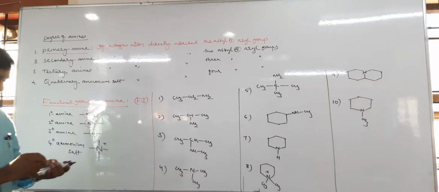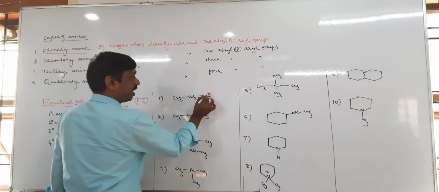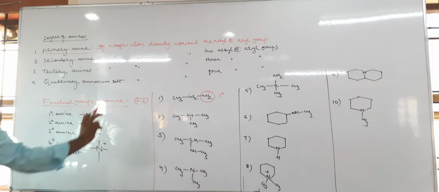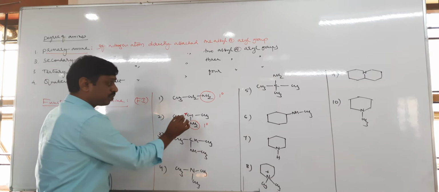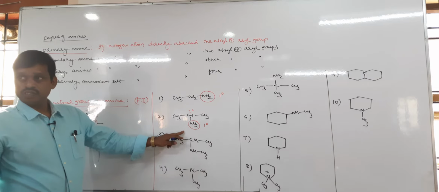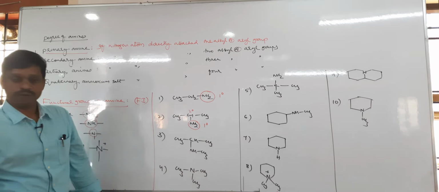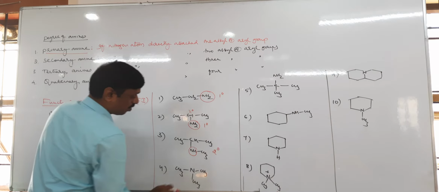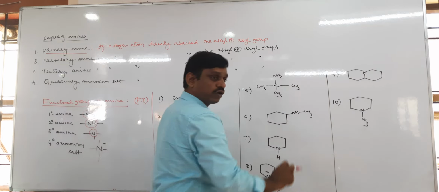So identify the type of amines. Tell me here. It is NH2, therefore it is a primary. So wherever NH2 is there, it should be primary. Next, it is also NH2, it is also primary. See, even though it is present on a secondary carbon, don't see where it is present. Whether it is NH2 or NH or N, that only decides whether primary, secondary, tertiary. If it is NH2, it is primary; NH, secondary; N, tertiary; and it is quaternary.